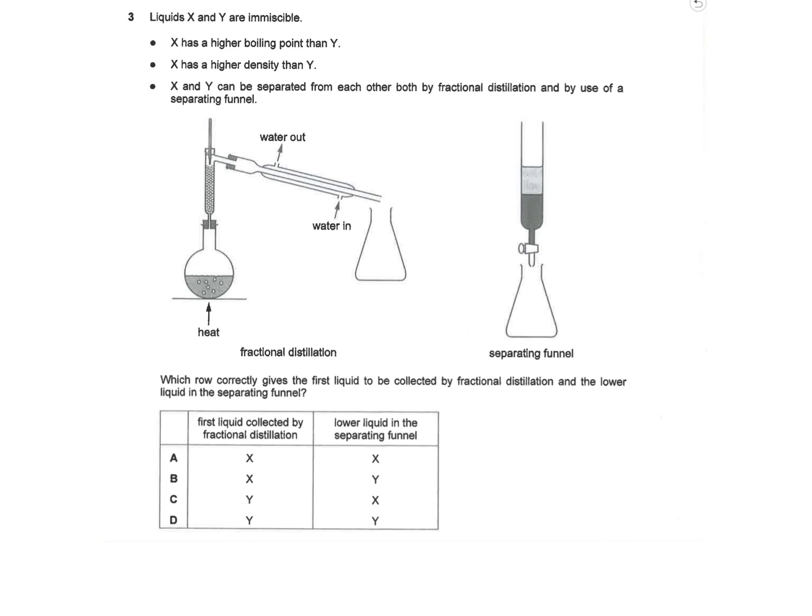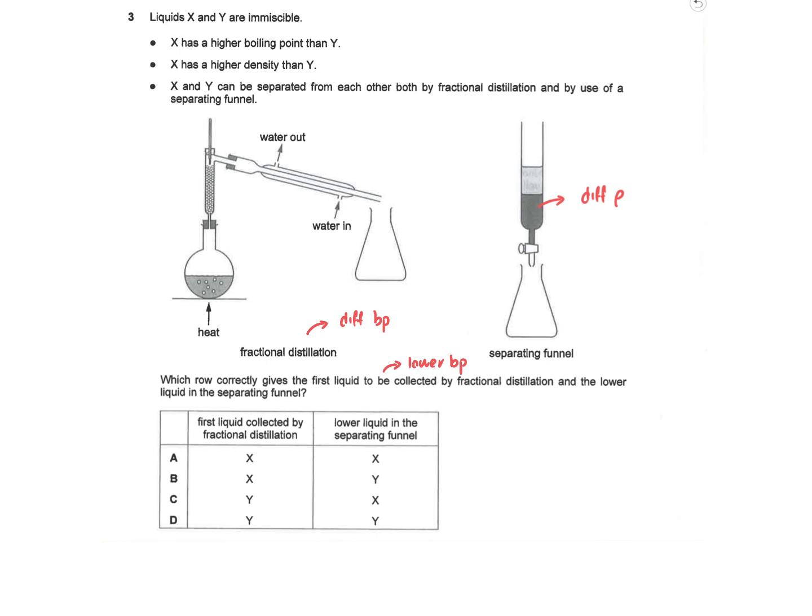For fractional distillation, the method works by the different boiling points of the liquid, and for separating funnel, the method works by the different densities of the liquid. So the other information that's required in this question would be this, that for fractional distillation, the first liquid to be collected is the one of the lower boiling point, right?